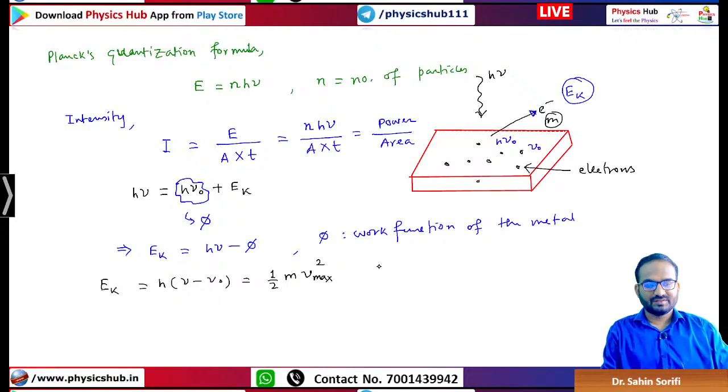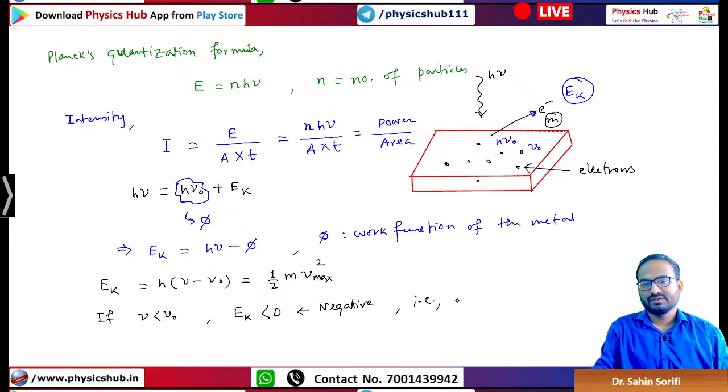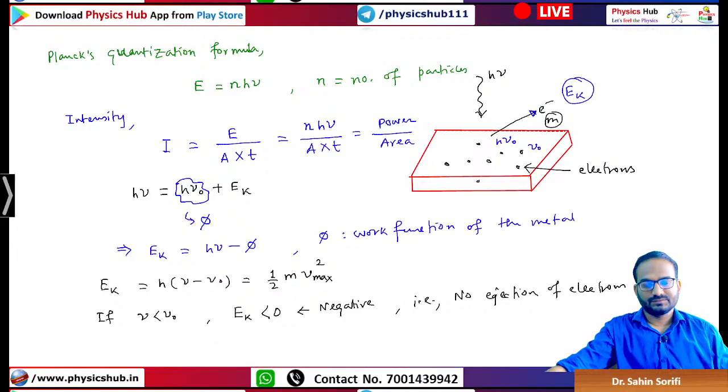Now if nu is less than nu 0, this quantity will be negative, so Ek will be less than 0. But kinetic energy cannot be negative. If Ek is negative, V will be imaginary. That means no ejection of electrons.